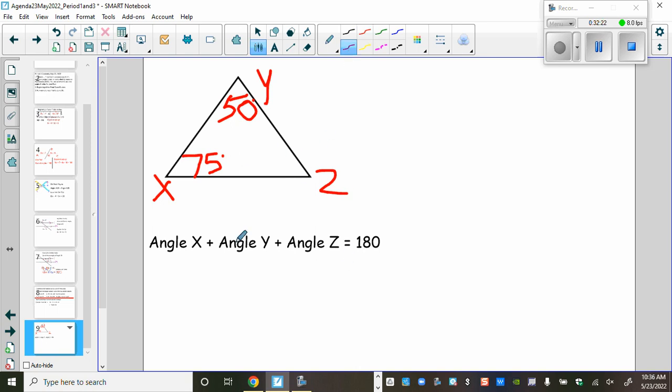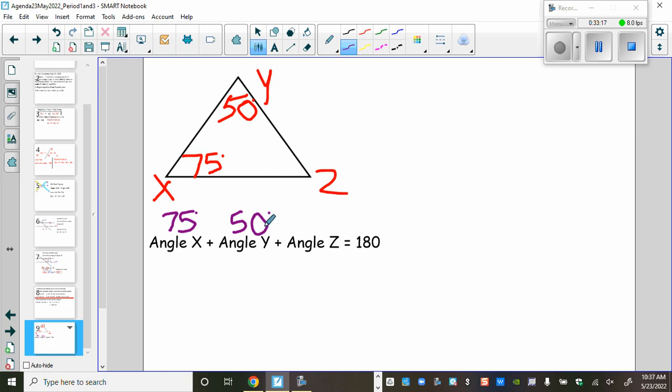I have a 50 and a 75. What do we have to do to get this last angle measured?